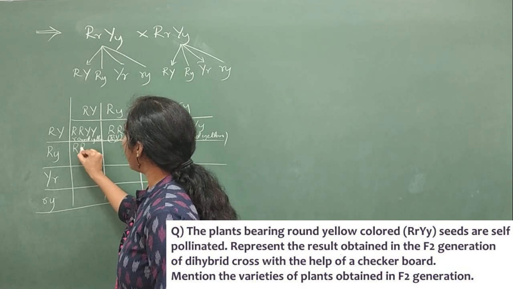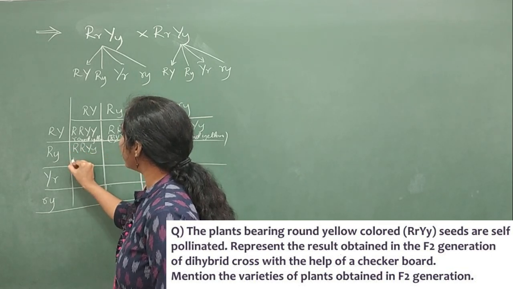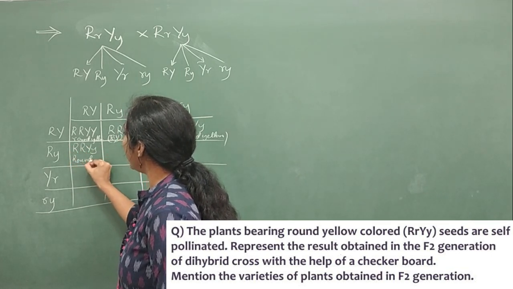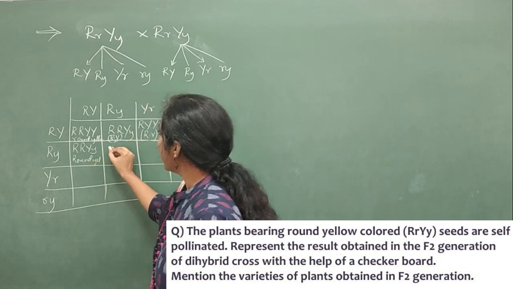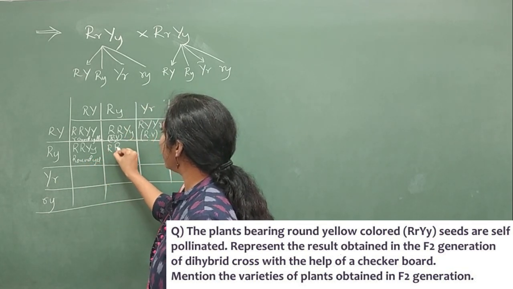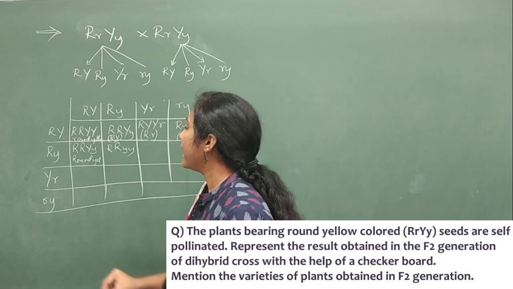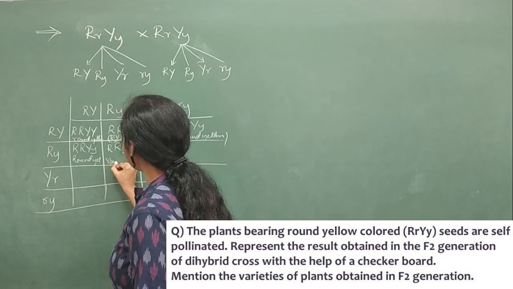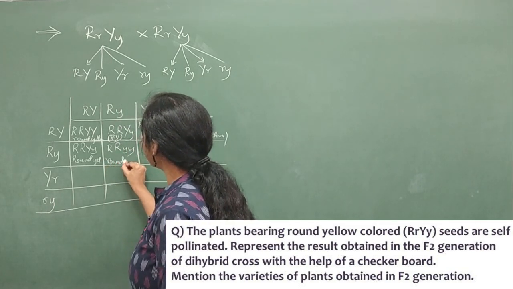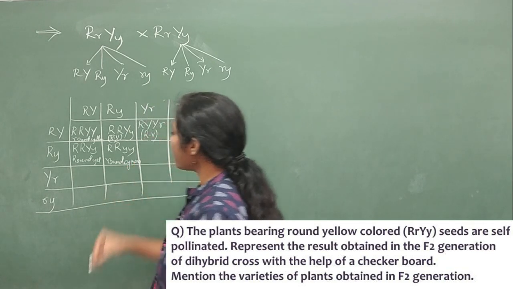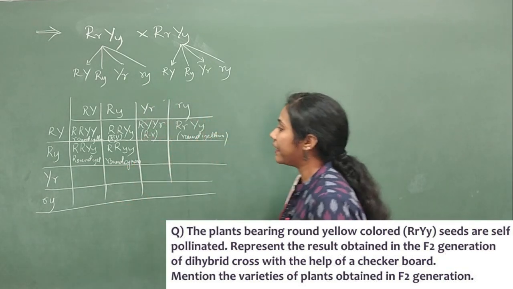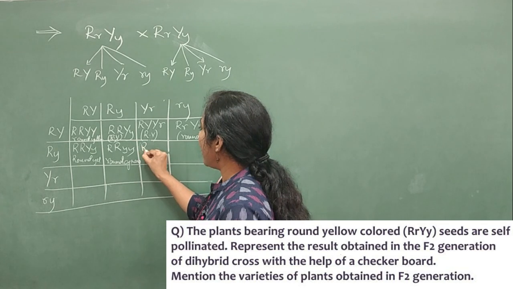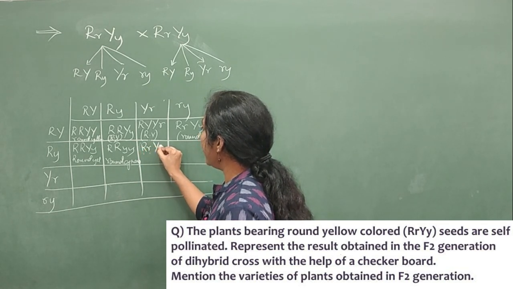Next one. Capital R, capital R, capital Y, small y. This is also round yellow category. Next one, capital R, small y. So this is our round green category. Right? Round and green category. Fine. Capital R, small r, capital Y, small y.